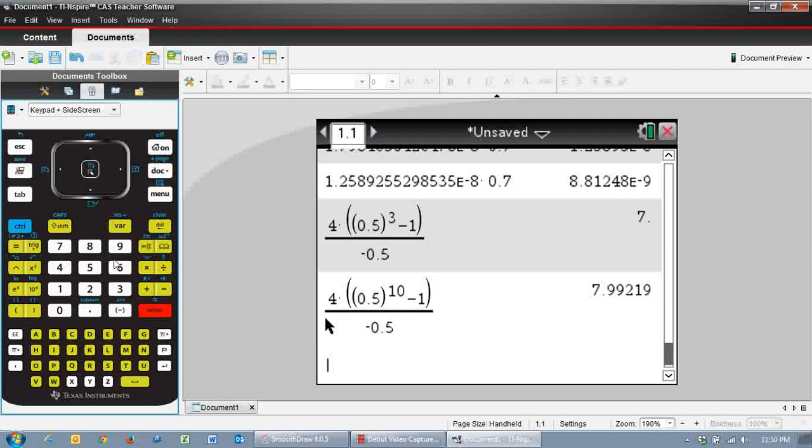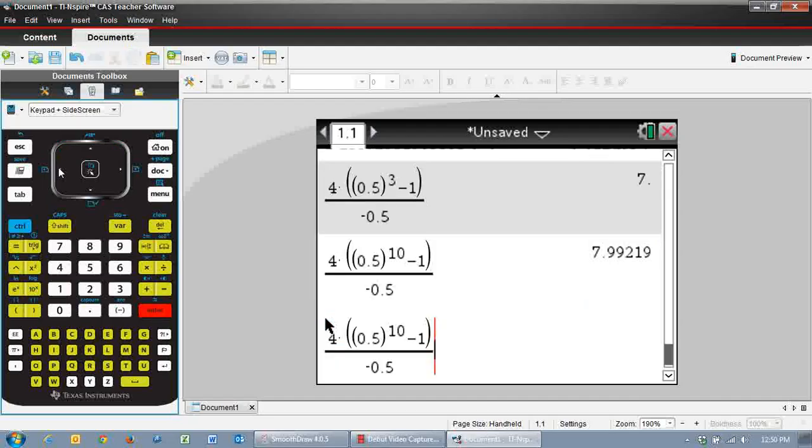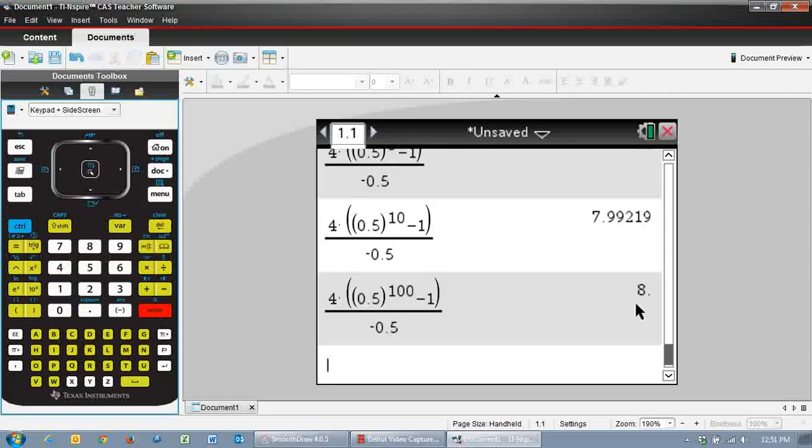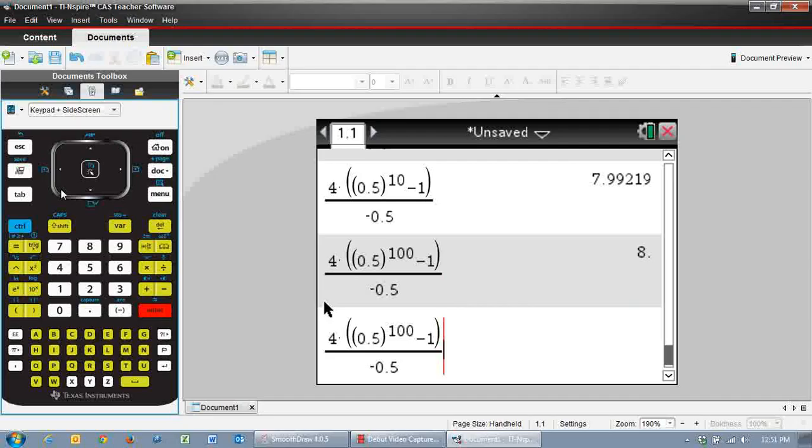Let's do it after 100 terms now. Again, I'll go up, press enter, just copy it in, and change that 10 to 100. What's it going to be? Now the calculator is saying 8, it's approximating it to 8. Maybe I'll do 50, if n is equal to 50, or maybe even less than 50, I might do 30 or something like that.